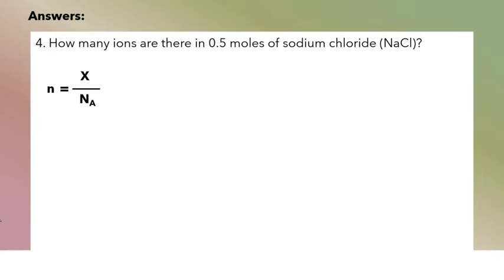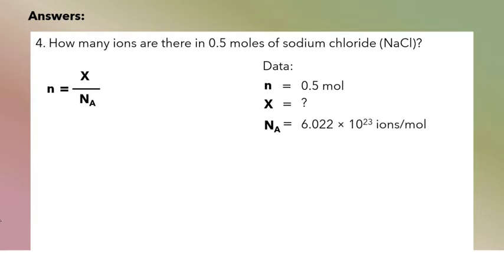So what we are going to do is put our data there. N is equal to 0.5 mole, because N is the number of moles that they've given us, in moles, 0.5 moles. Then X, the number of elementary particles, is what we are going to calculate. Then Avogadro's constant is always equal to 6.022 times 10 to the power 23 ions per mole.